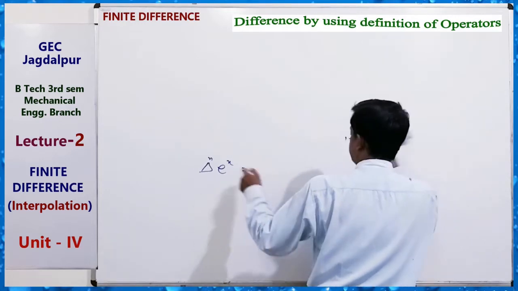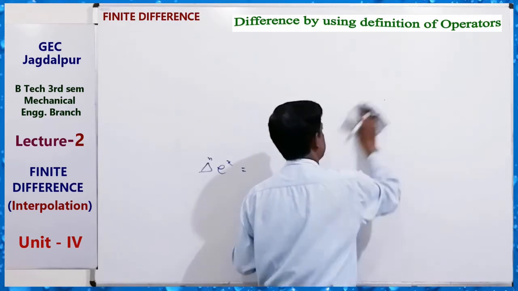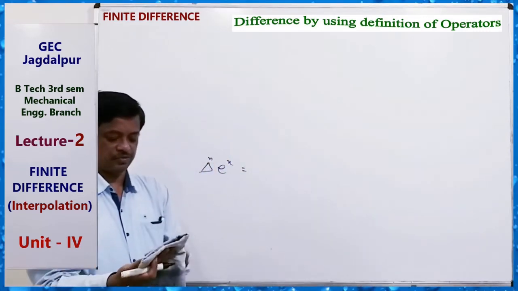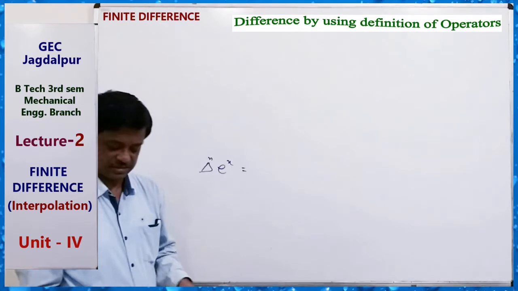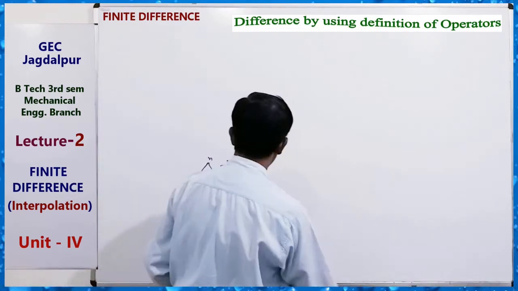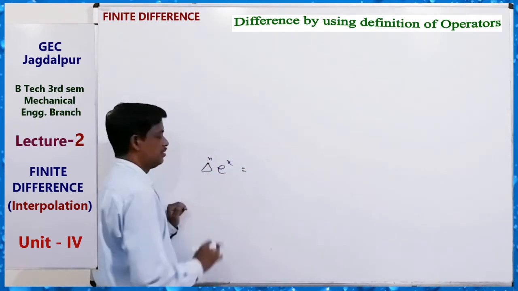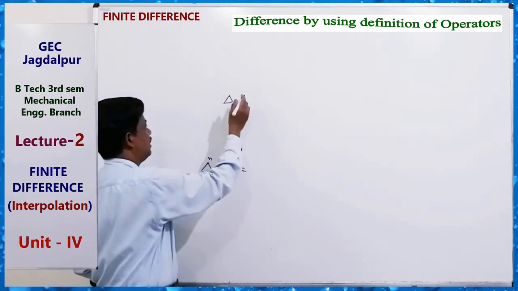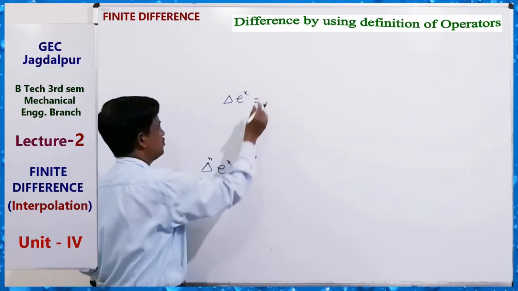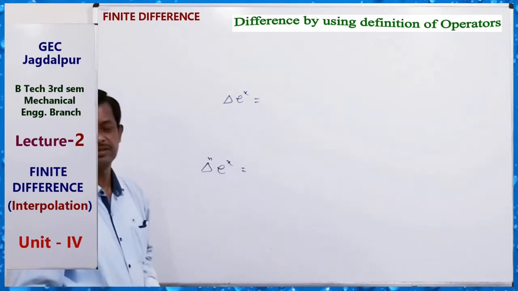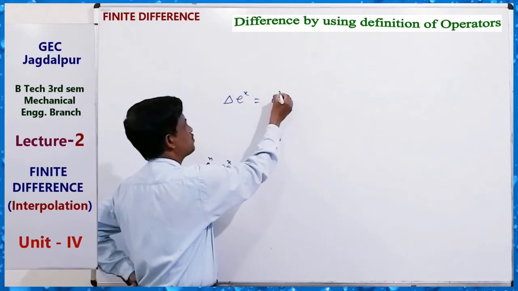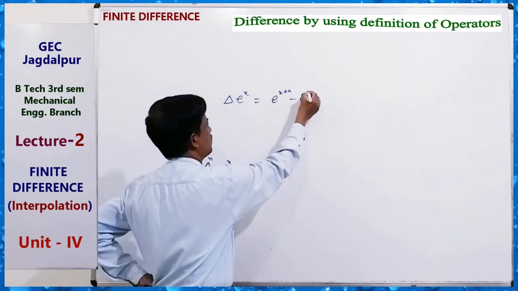We know the nth derivative is e to the power x. Here we are trying to find the difference. So what will be the process? Del e to the power x equals, first time, e to the power x plus h minus e to the power x.